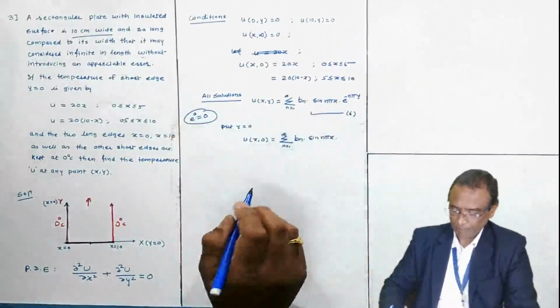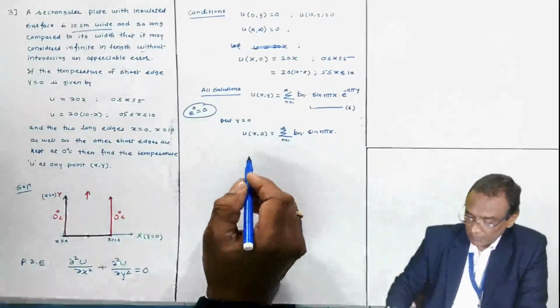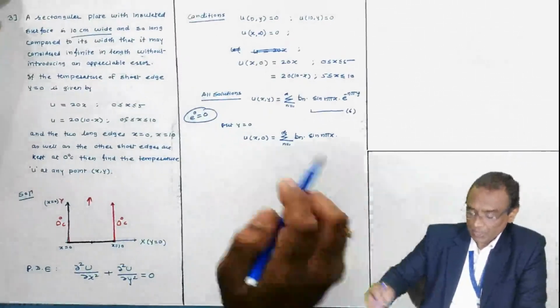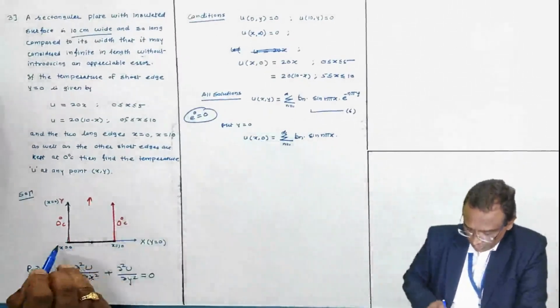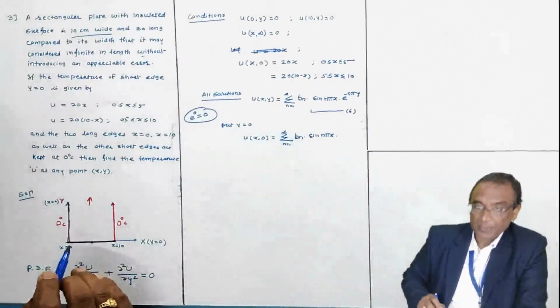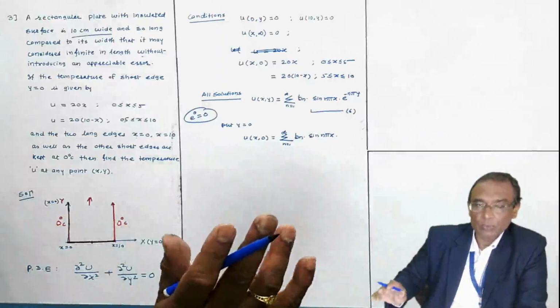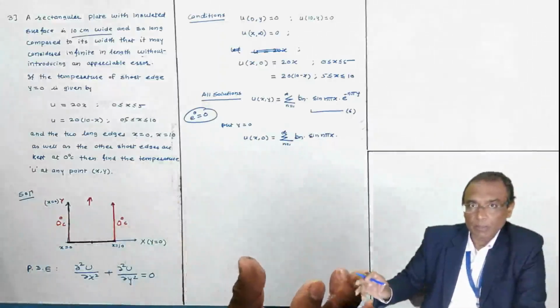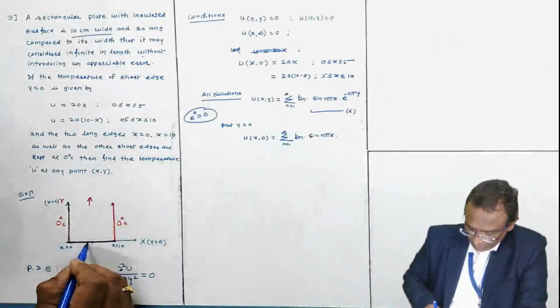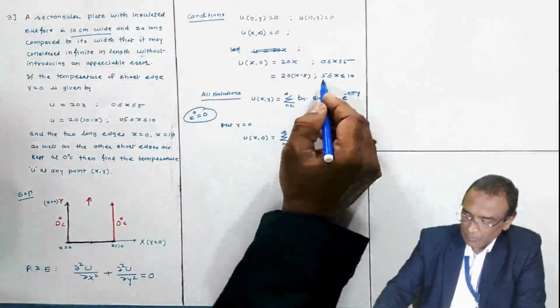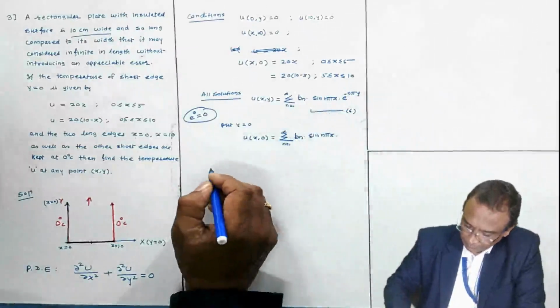But here, the temperature at y equal to 0 along this edge is given, and this temperature is split into two different parts. On the first part it is 20x, on the second part it is this one.